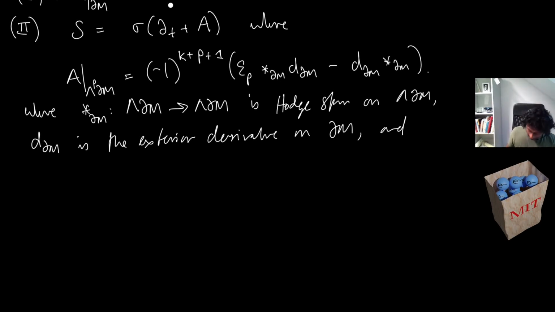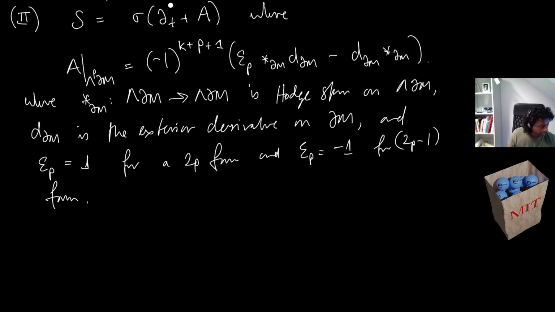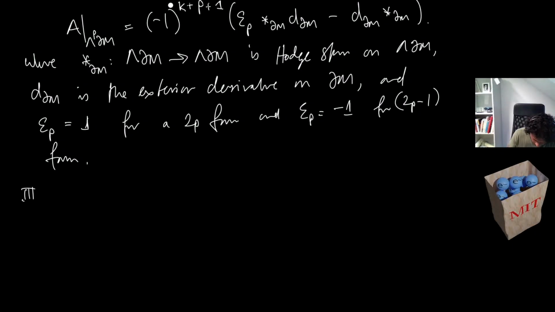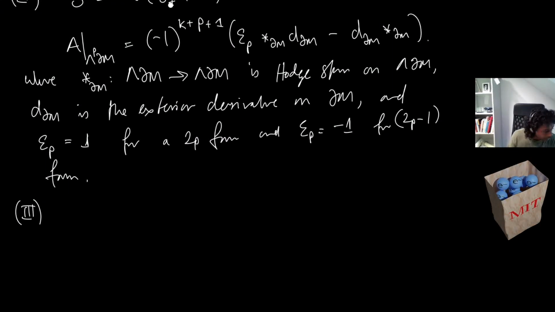And so epsilon of p is equal to 1 for a 2p-form, and epsilon of p is equal to -1 for a 2p minus 1 form. It's a little bit of stuff there just to state it.